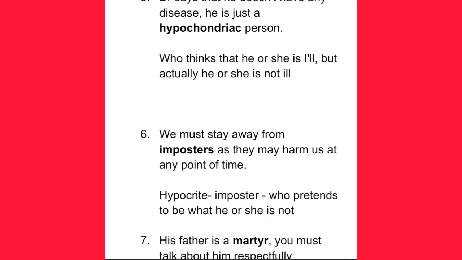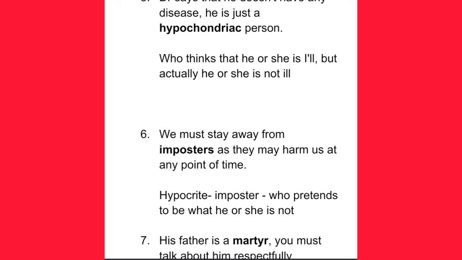Now, a hypochondriac person is somebody who is actually well and healthy, but he or she believes or assumes that he or she is suffering from some kind of health complication. But this is just his or her assumption. Actually, he or she is absolutely fine.